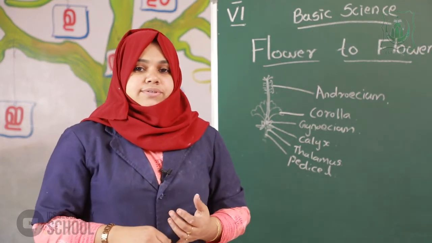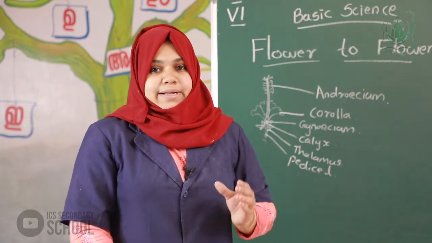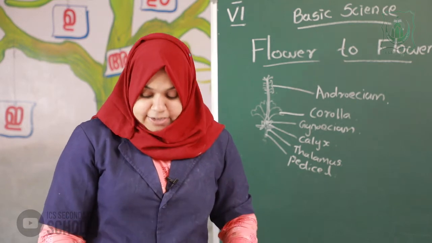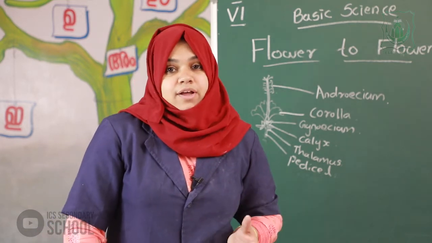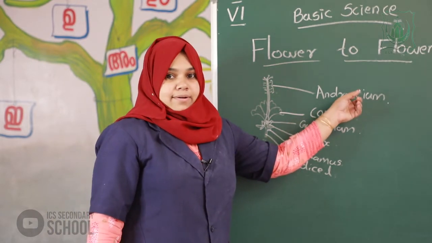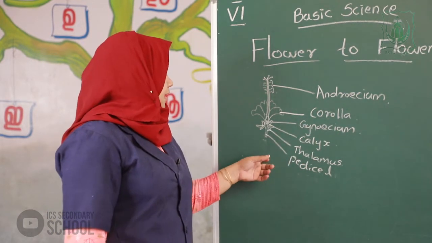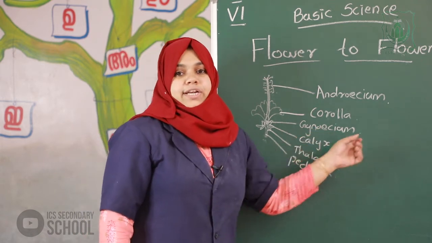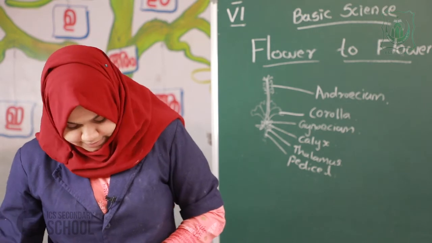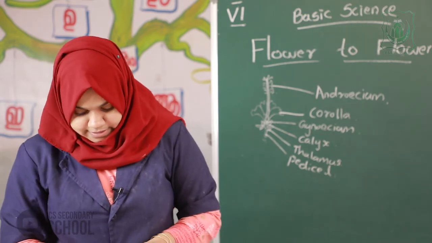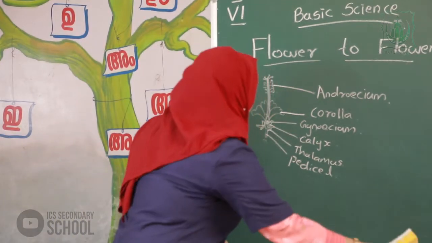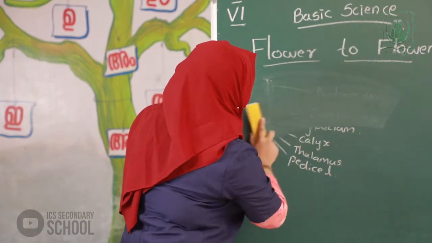Next we are going to look at the reproductive parts, that is the male reproductive part and the female reproductive part of the flower. We know that androecium is the male reproductive part and gynoecium is the female reproductive part of the flower. Let's see. Okay, I can draw the picture of androecium and gynoecium.